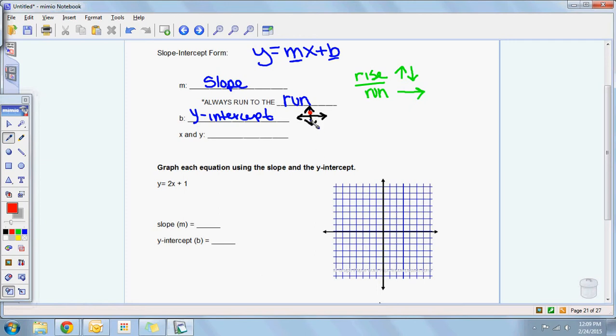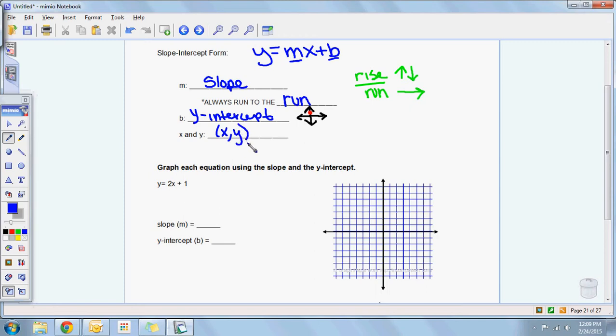Wherever your point is on the y-axis, that's your b, your y-intercept. And x and y are going to stand for points on your line, so they stand for an ordered pair.